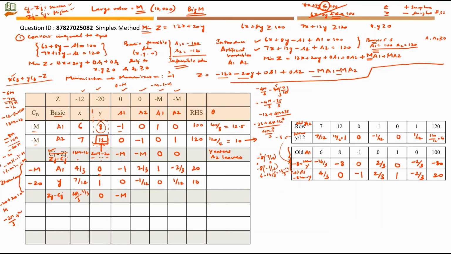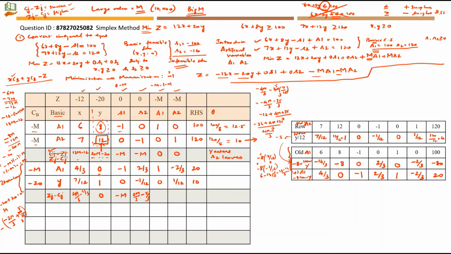plus 20 by 12. So 4 5s are and 4 3s are. It is 5 by 3. So you have to just reverse the symbol here because you are going to put it in negation. I will get 2m by 3 minus 5 by 3. Then it is 1 and 0.